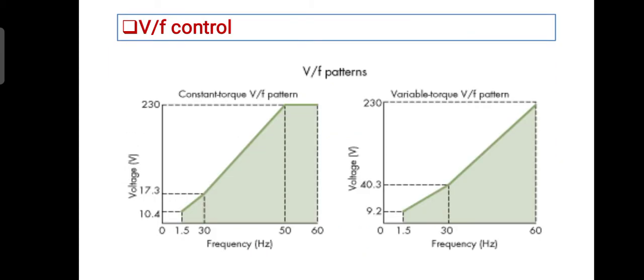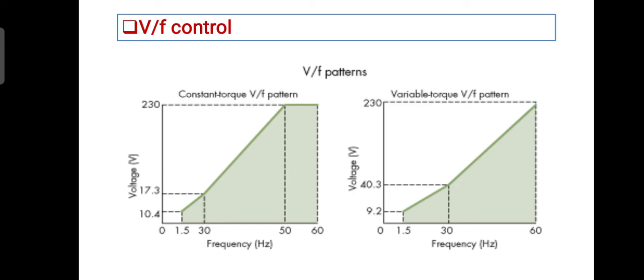Then VF control. VF control means variable frequency control. Variable frequency control is used so that several motors run from a single VFD, in which case all motors start and stop at the same time and follow the same speed reference.